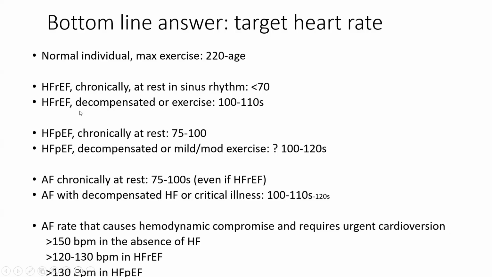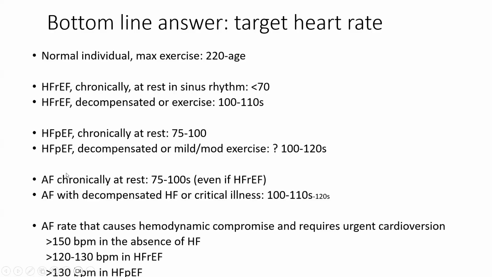Heart failure with reduced EF decompensated or during exercise, heart rate up to 100 teens beats per minute. Number three, heart failure with preserved EF chronically at rest, target heart rate 75 to 100 beats per minute.